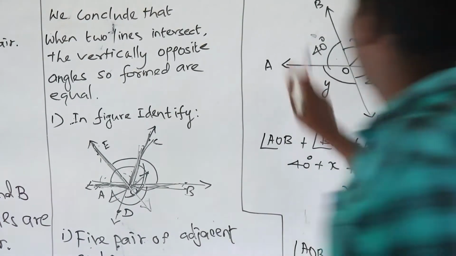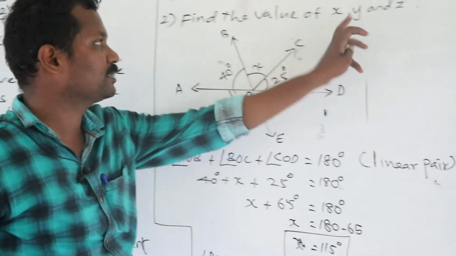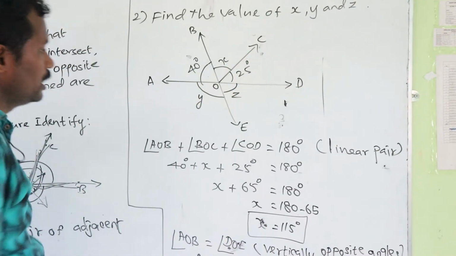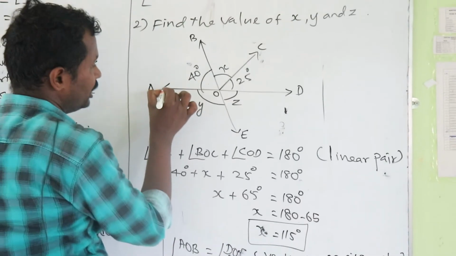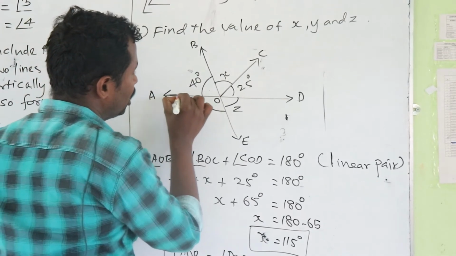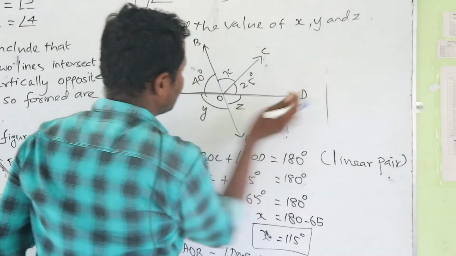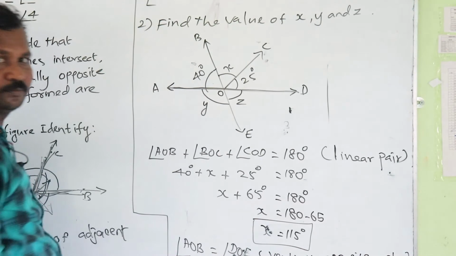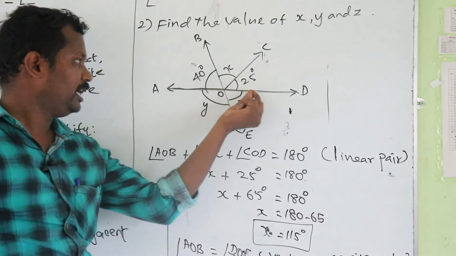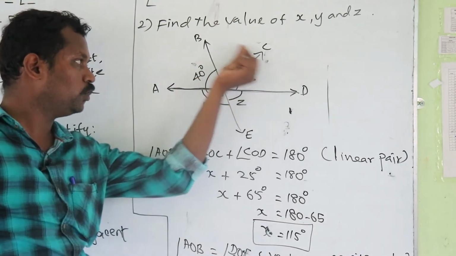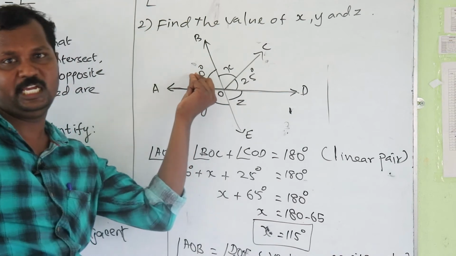Next, find the value of X, Y and Z. First we divide it into two parts, upper and lower, because here to here is 180 degrees.